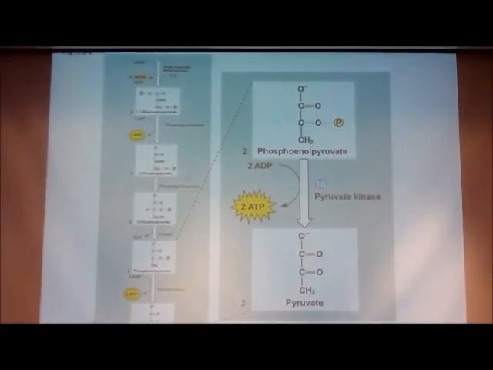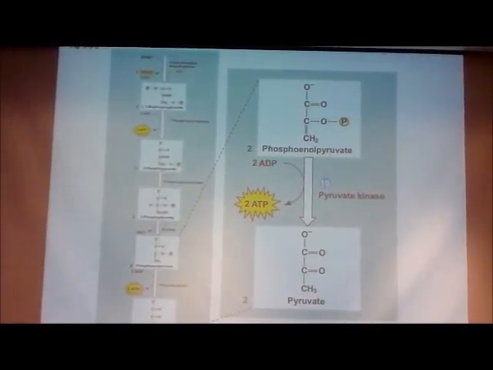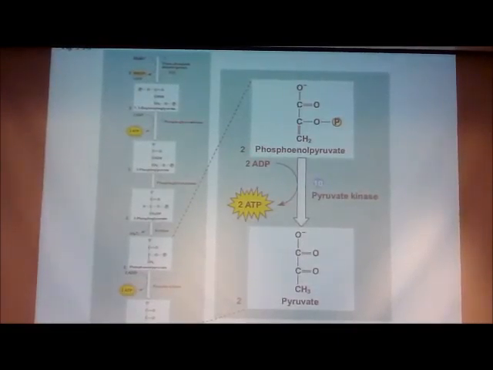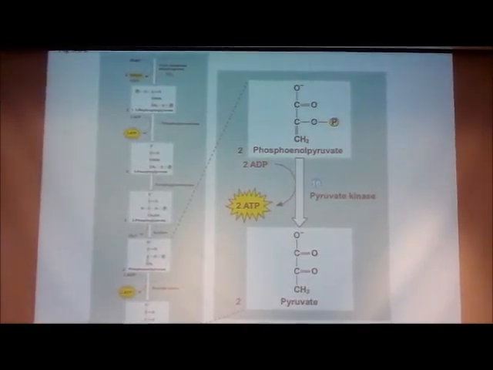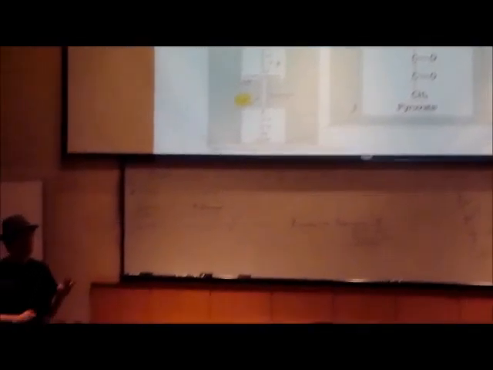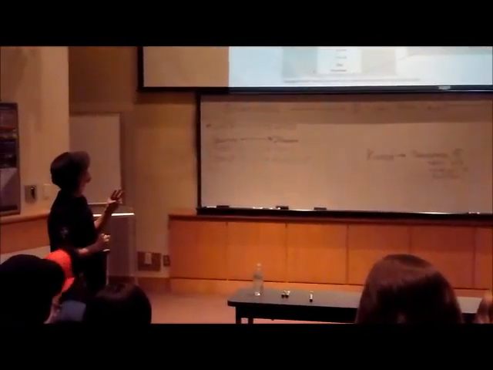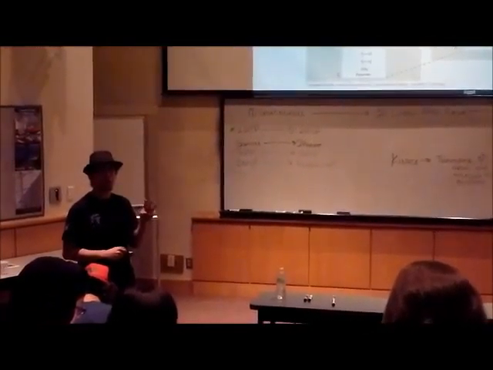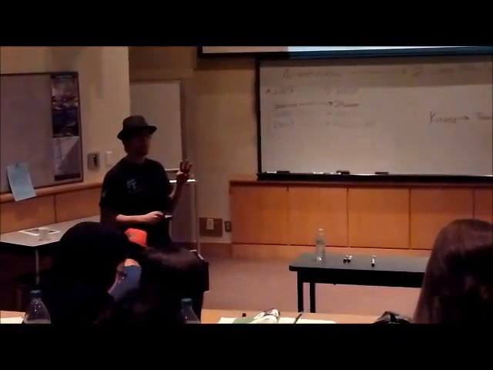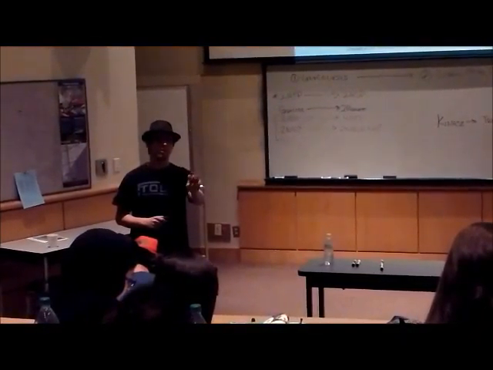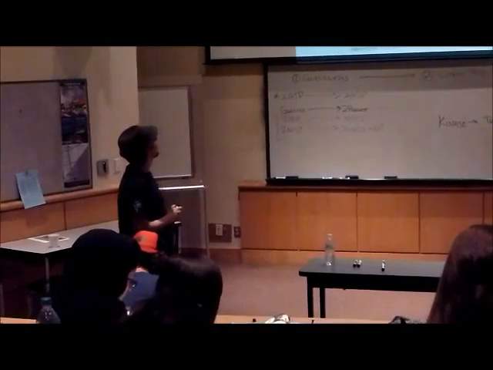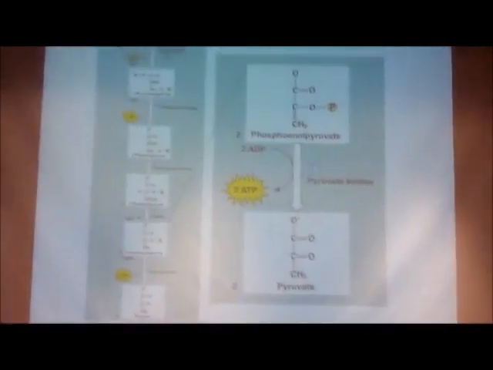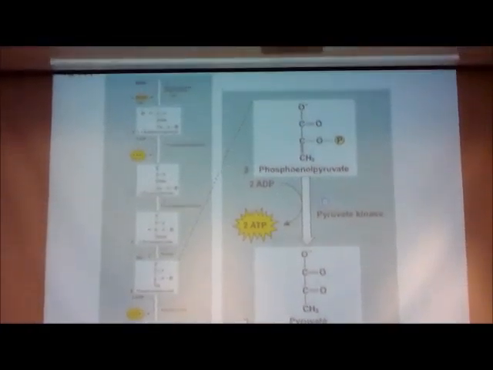It's called triose phosphate dehydrogenase because it recognizes a 3-carbon sugar. So that's the triose part. It removes hydrogens from our 3-carbon sugar.